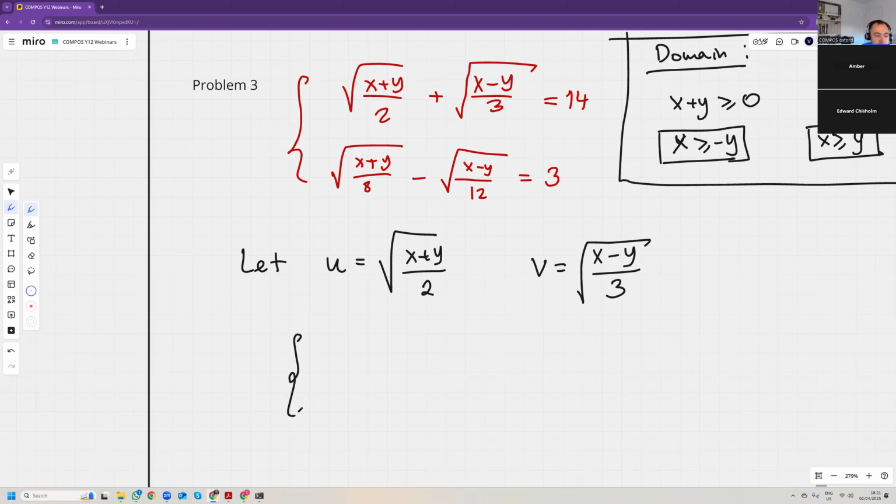And the equation becomes u plus v equals 14. Now we notice that we can take the 4 out. So 8 is 2 times 4. So it is u over 2 minus, you can take the 4 out here as well, so that's v over 2 equals 3.